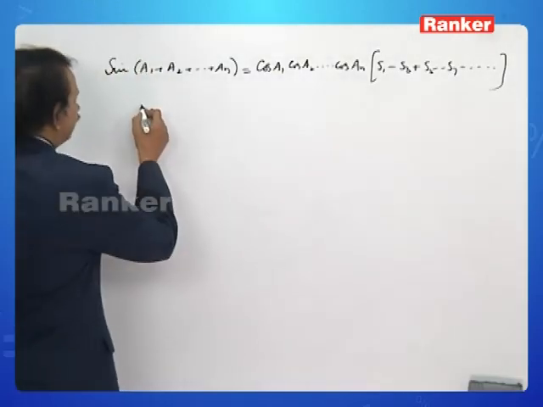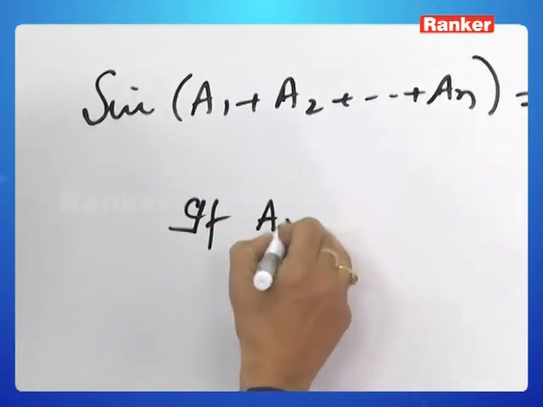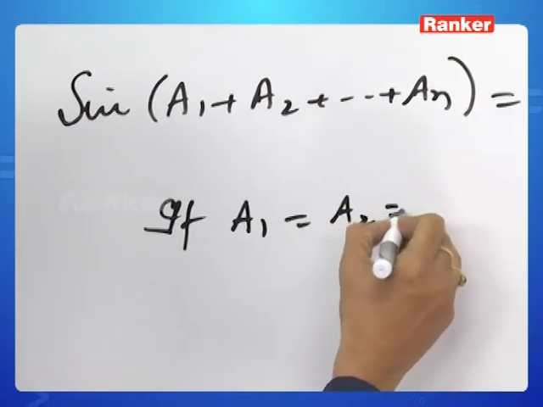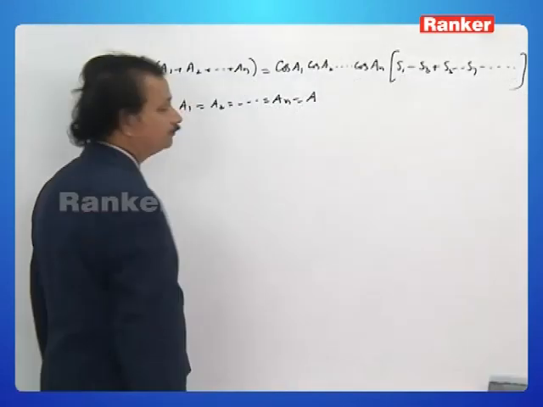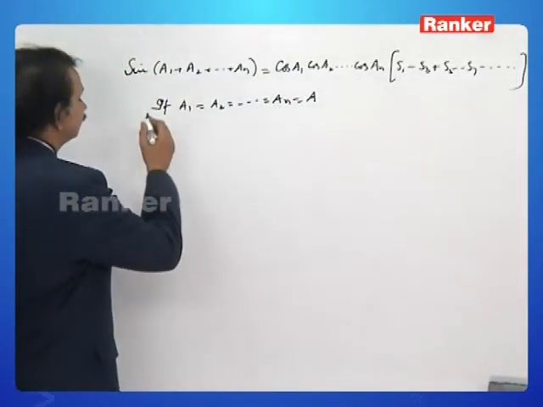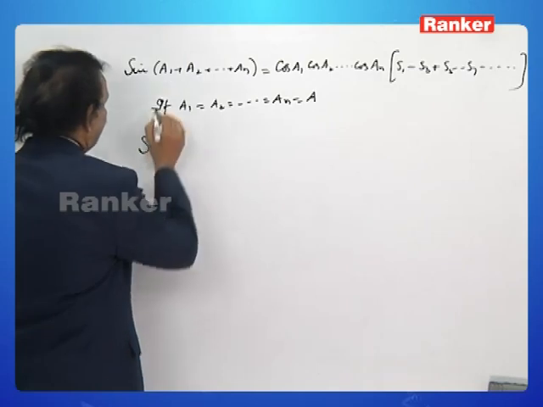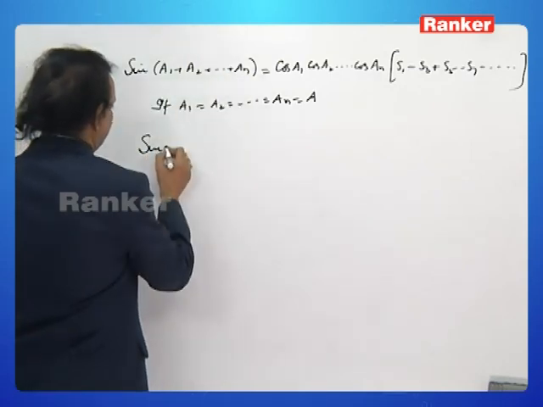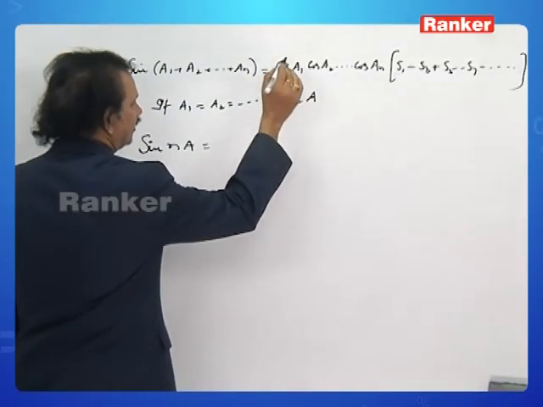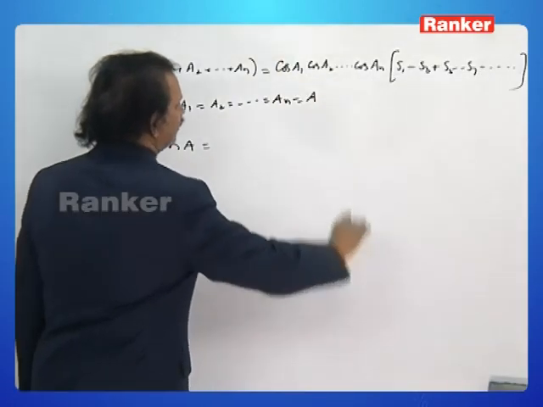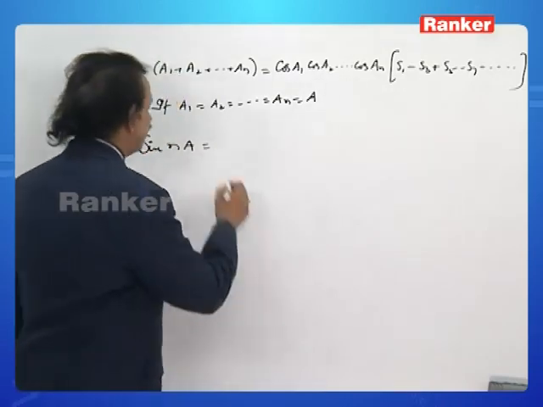What happens if a1 is equal to a2 is equal to a3 is equal to an is equal to a? A plus a plus a plus a, n times, what is that? NA. Cos a into cos a into cos a, n times, what is that? Cos power NA.